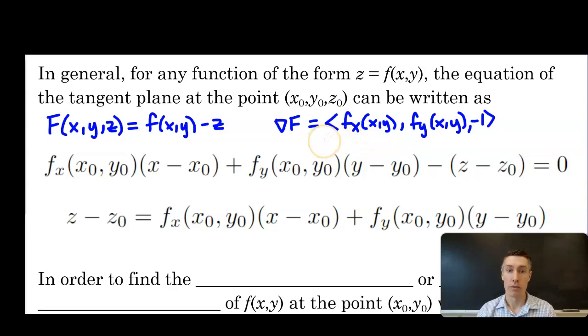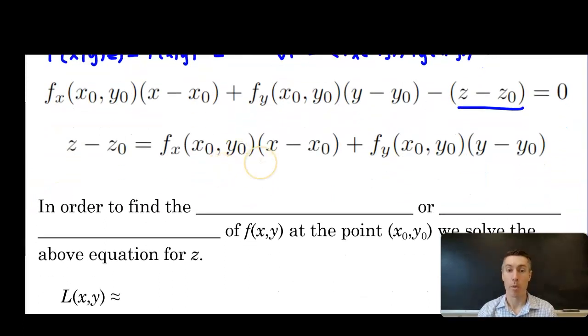Now, why do we focus in on this? Well, if we manipulate a little bit and solve for the z minus z0 term, z minus z0 would be equal to the partial with respect to x at the point times (x minus x0) plus the partial with respect to y at the point times (y minus y0).